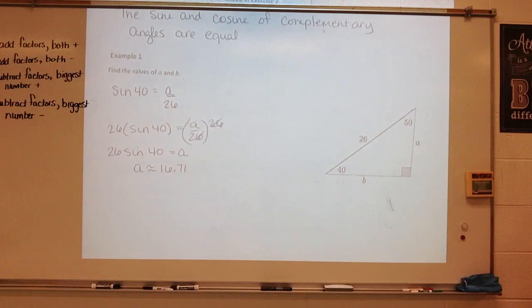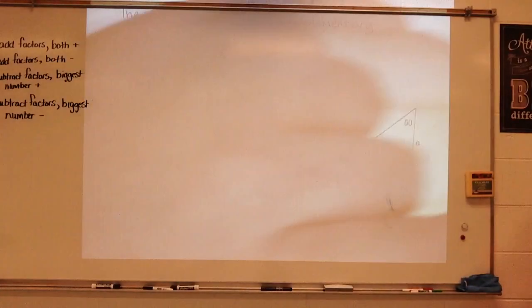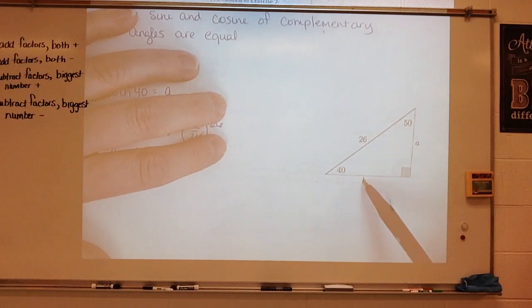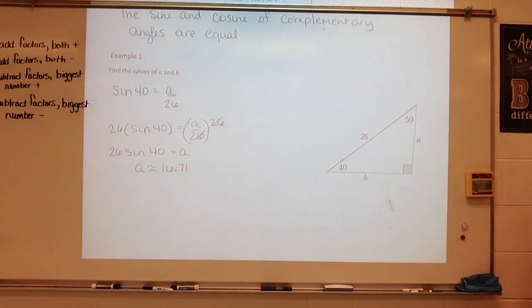Side B is the opposite, so I can use the sine of 50, or it's the adjacent of A, so I can use the cosine of 40. It doesn't matter which one you want to do.